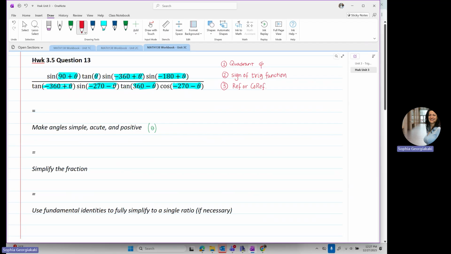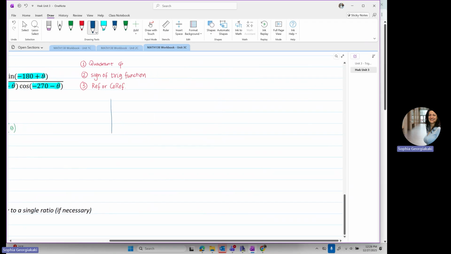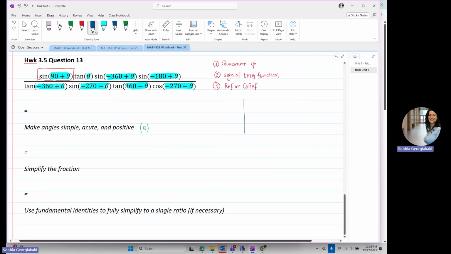So I'm starting with the first one. The sign of 90 plus theta. So my first task is to identify where is 90 plus theta. Assuming theta is an acute angle, 90 plus theta will be in quadrant 2.